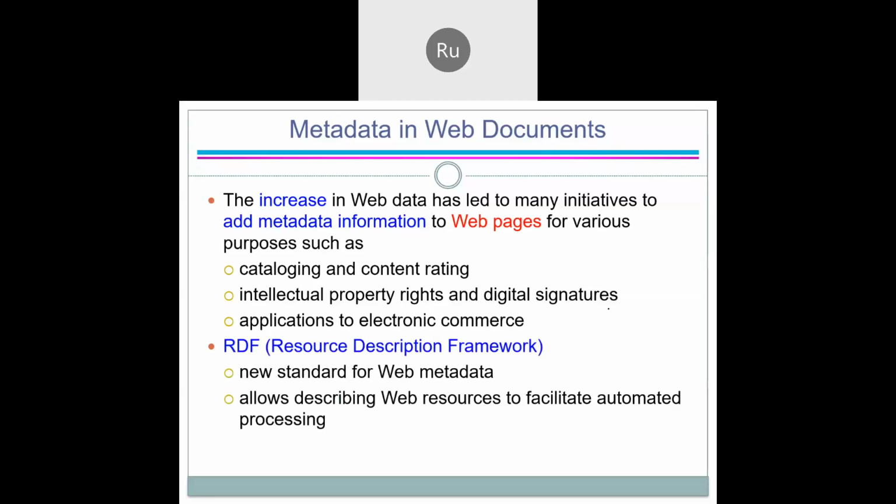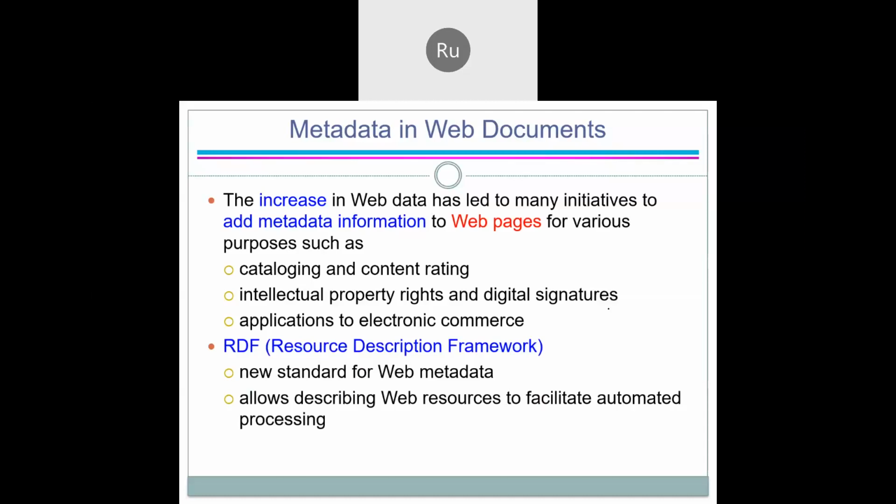And one of the resources that they use, they call it Resource Description Framework. This is a new standard for web metadata in which, on one page, you can tell who is the owner, and you can tell when the web page was published. So they use this RDF to describe it.